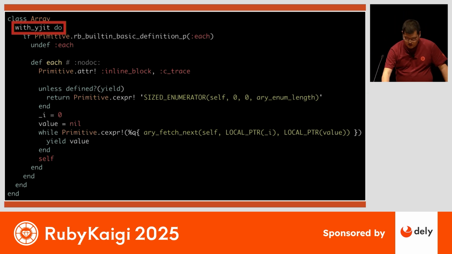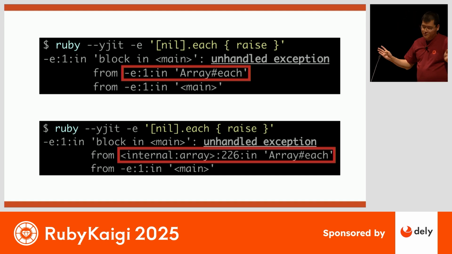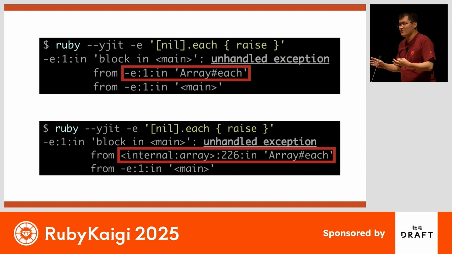So what happens in the real world is if you enable YJIT, suddenly your test cases that match the backtrace are going to break. For some reason, people like to test backtraces, so these tests are going to break just because you enable YJIT. We don't want that to happen.